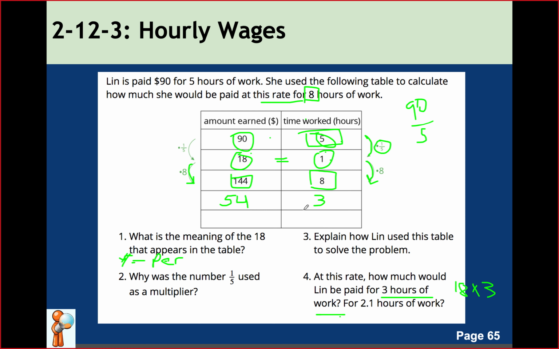Now, this one's a little bit tricky. You're going to have 2.1 hours of work, and you get $18 for every hour. What would you have?